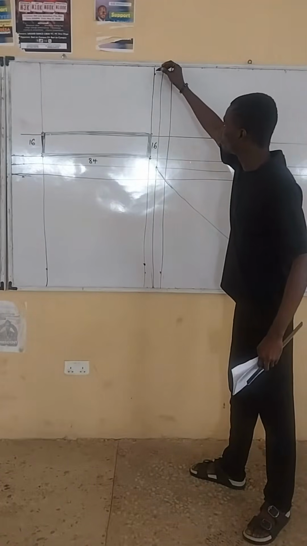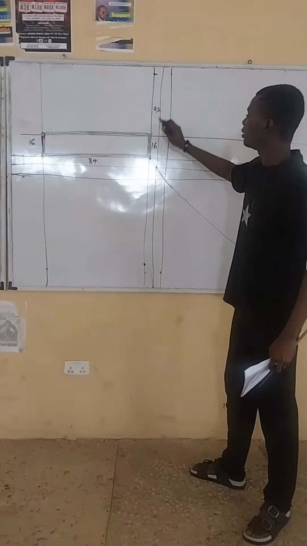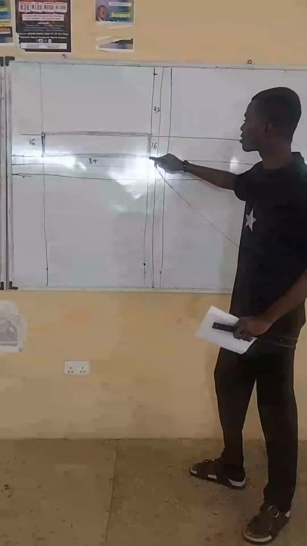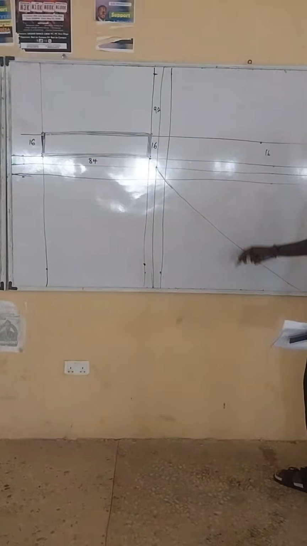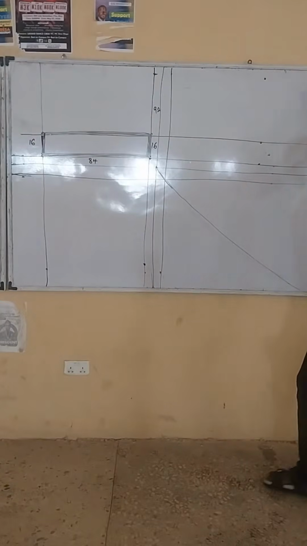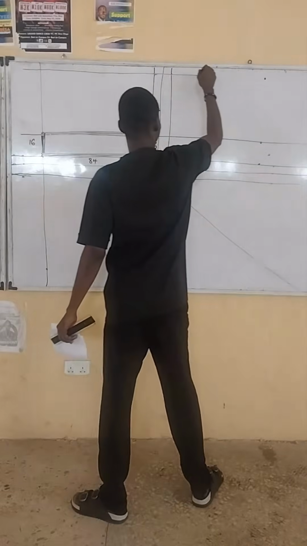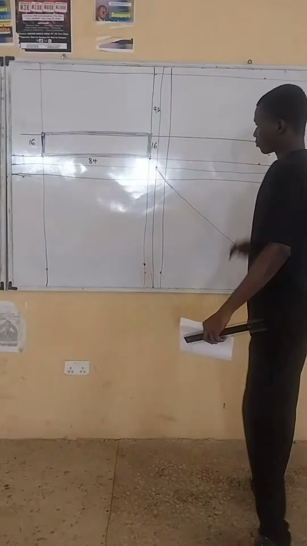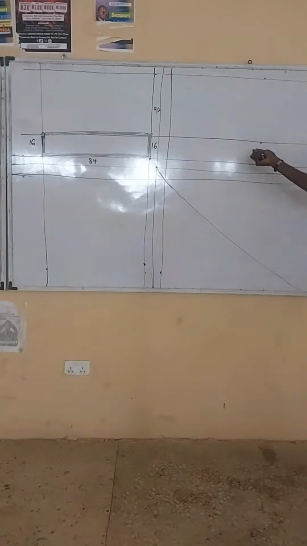From this place upward, 9.2. 92. From this place, the lower part, extreme lower part, upward, 9.2. You can come to somewhere here at the right also, mark your 9.2. 9.2 also, then you join it together as a straight line. You extend it just like I have it on the board here. Because those lines, you use them for this side view. And I said extend the line as long as possible. That's 9.2. If you are just joining and you've omitted some parts, you can go back and replay what I've done. So 9.2.